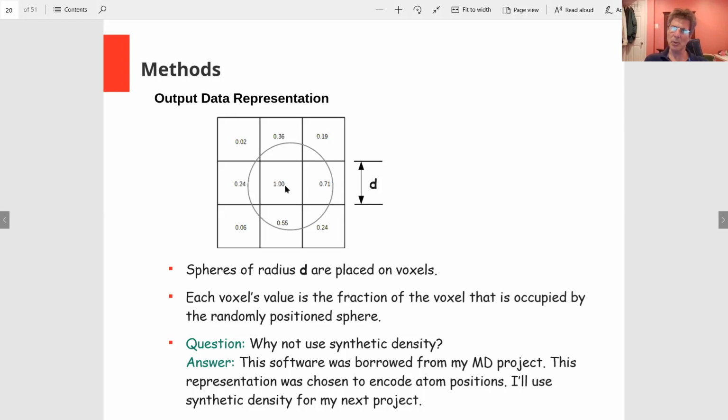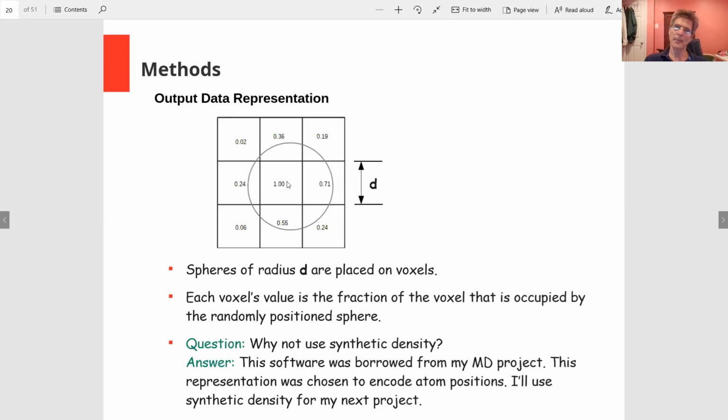So in this example, the 1.00 means that this entire voxel is occupied by the sphere. And then you look here where it says 0.71. Well, this pixel is mostly occupied by the sphere, and like that.